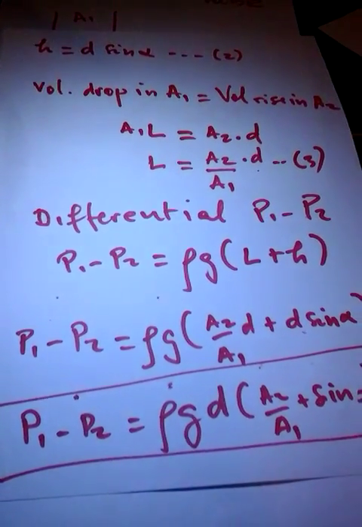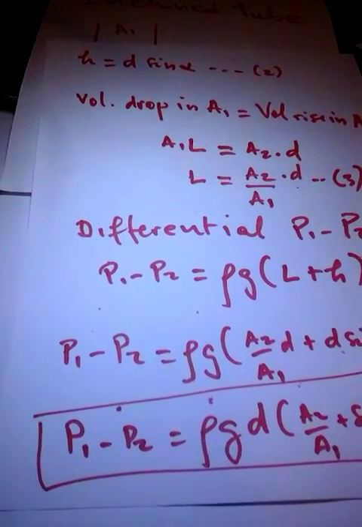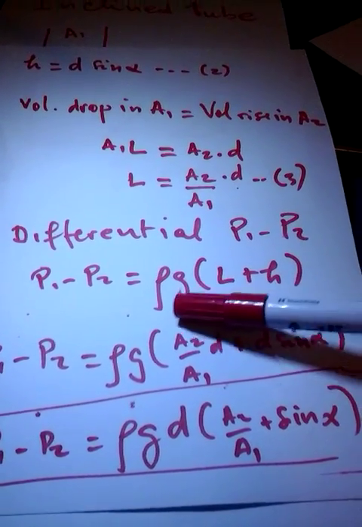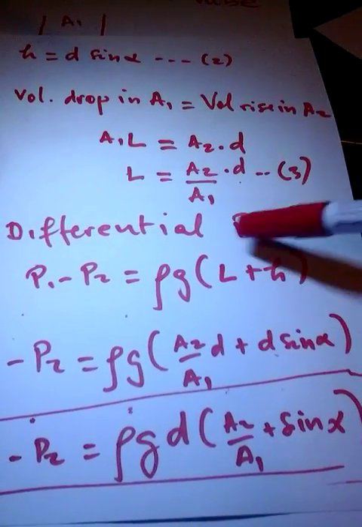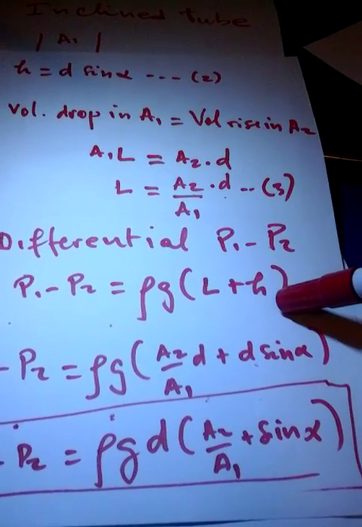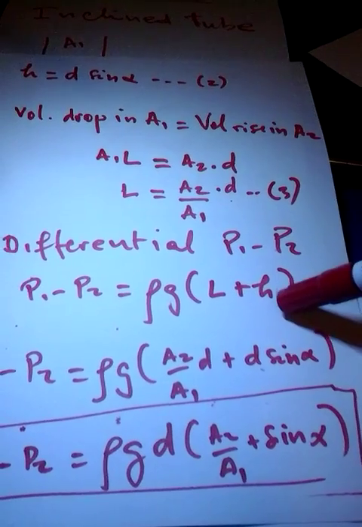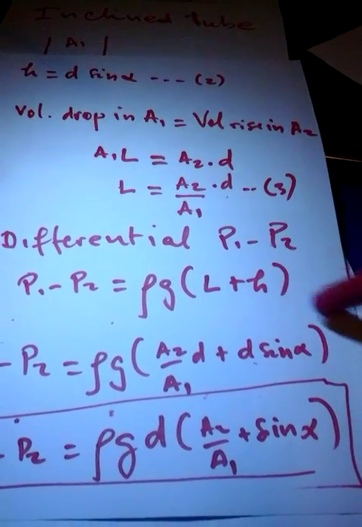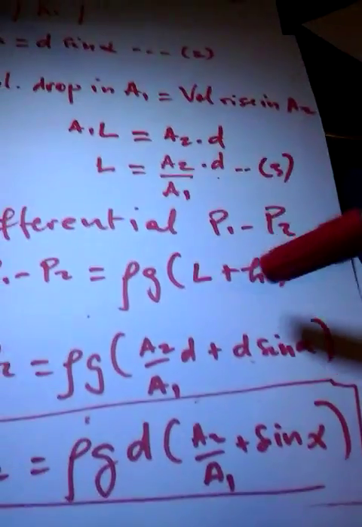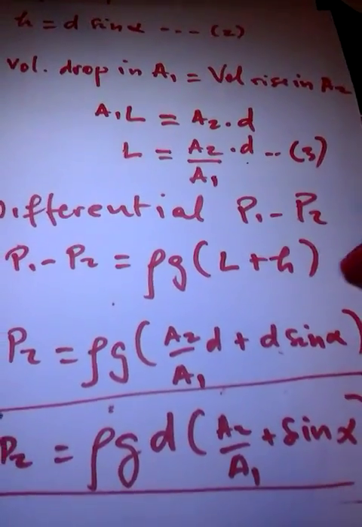Okay, then we need to find the differential pressure. Remember, looking for differential pressure. What is the differential pressure equal to? Differential pressure is equal to P1 minus P2. It's rho g multiplied by L plus H. So we find differential pressure by adding both the drop height and the rise height.